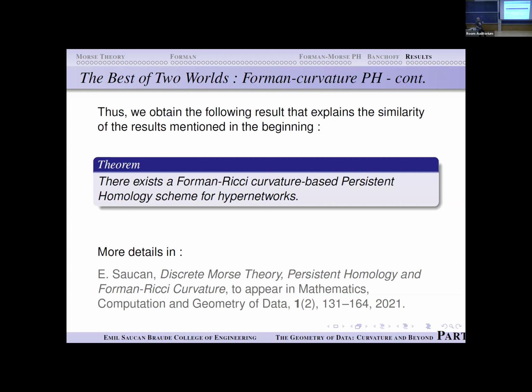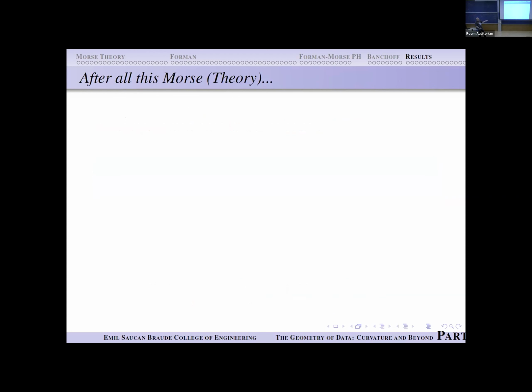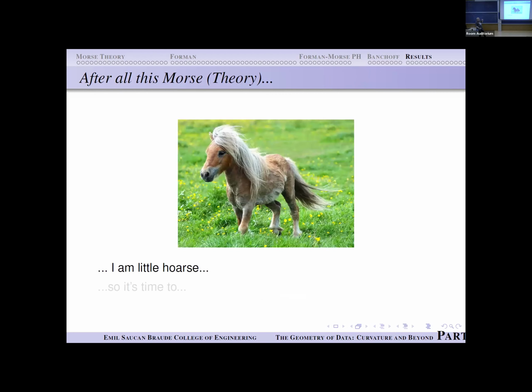Had it gone fluently yesterday, I would have gone to this last slide, saying that after all this Morse theory, I am a little hoarse. I should have been speaking for 2 hours in a row. So it should have been a decent pun. I'm sorry. That's how you distribute talks. Then even a bad joke is becoming even worse.